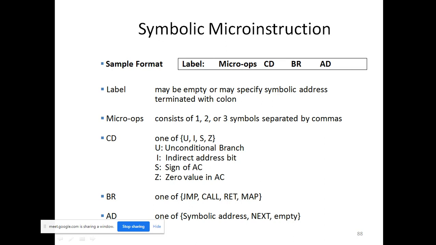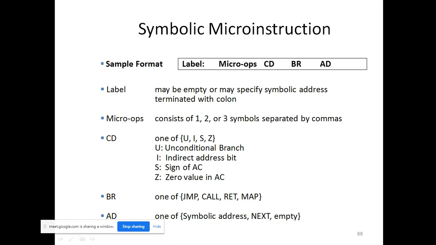So this is the sample micro instruction format. It consists of, first one the label, next the micro operation, that may be F1, F2 or F3 separated by commas, F1 comma F2 comma F3, that may be add or and. The third one is jump, or shift left, like that, but they are separated with commas.